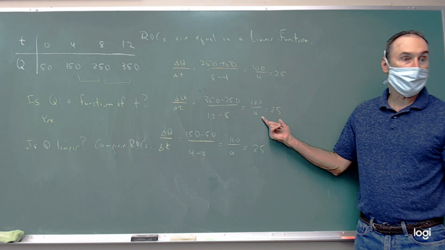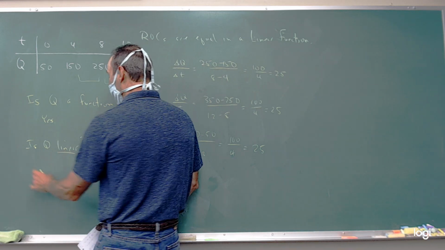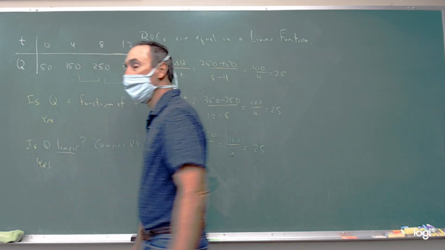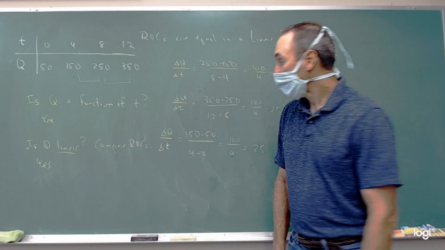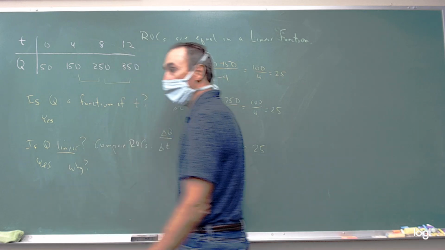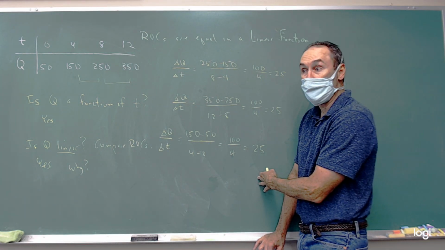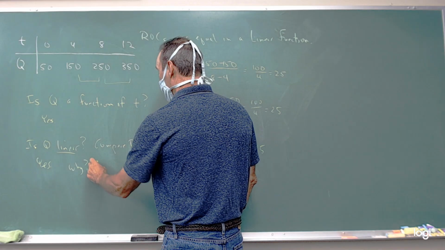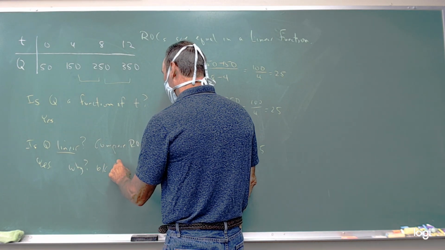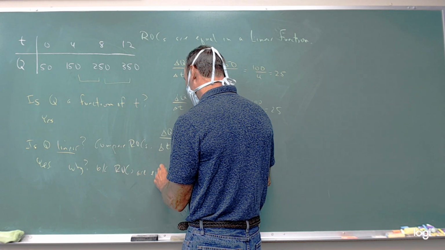Because all these rates of changes are the same, then we can definitively say that yes, Q is a linear function of T. And if I'm going to ask the question why, or how do you know, then because we have shown the work that leads to that, we can say that that's because the rates of changes are equal. They're all the same.